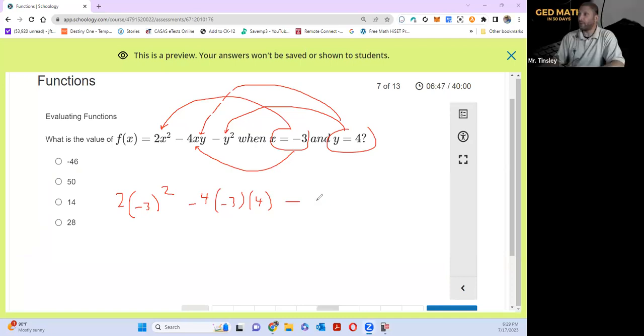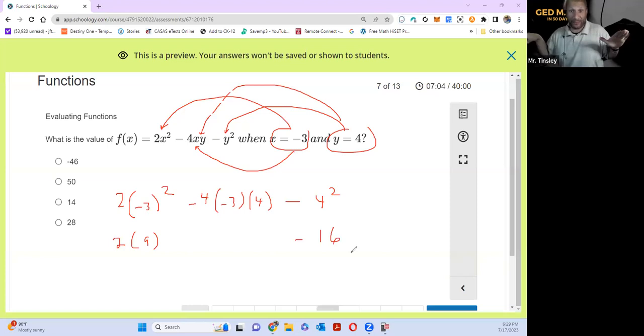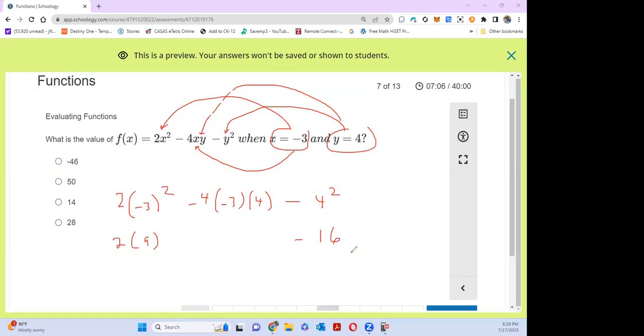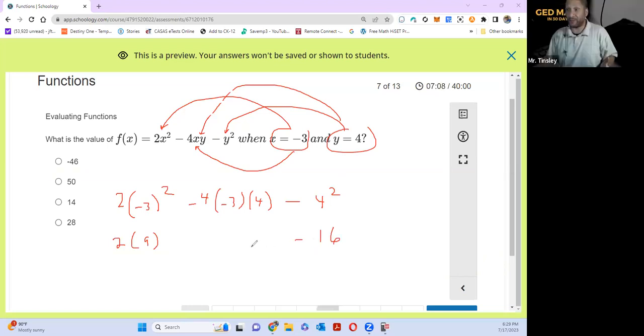Then you got to go each step. Please excuse my dear Aunt Sally. Exponents come next. So 2 times 9, minus 16. So all your exponents got to be done first. Minus 16, because 4 squared is 16.